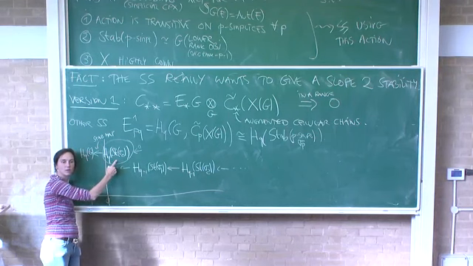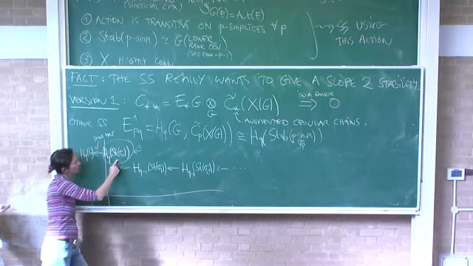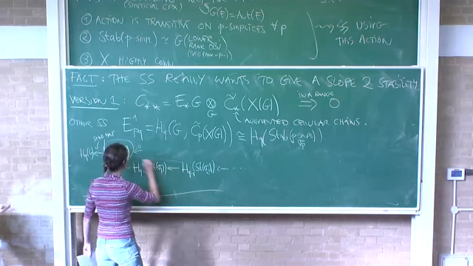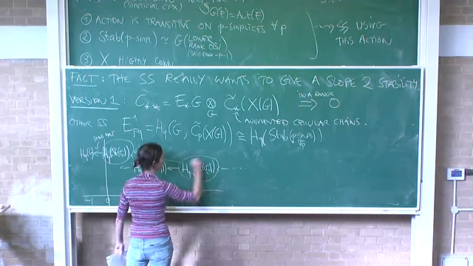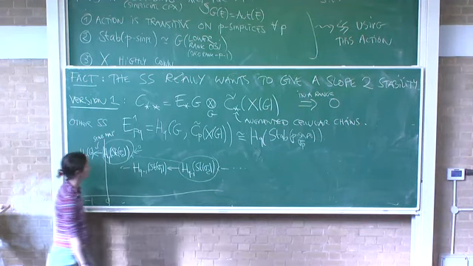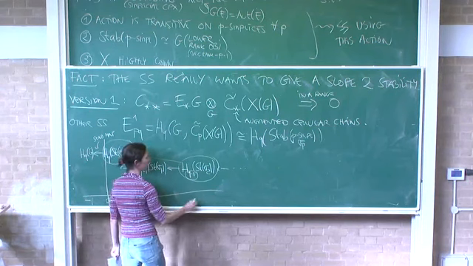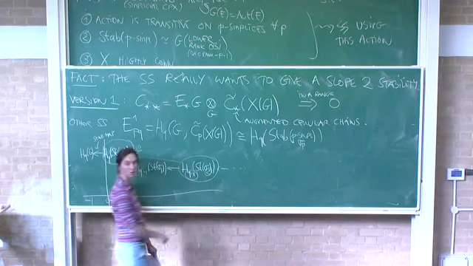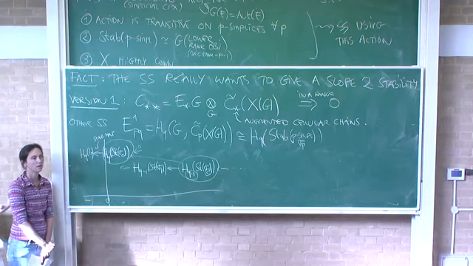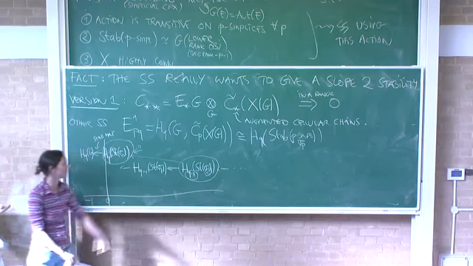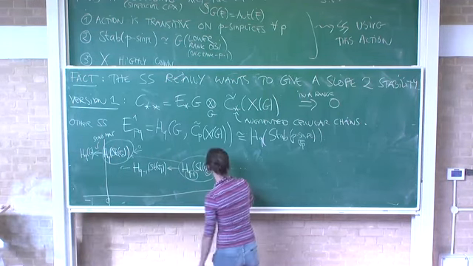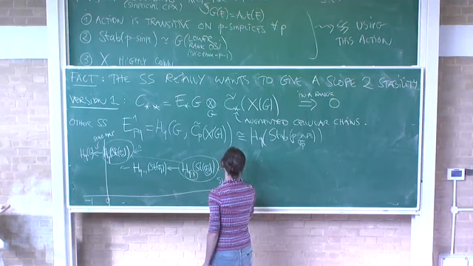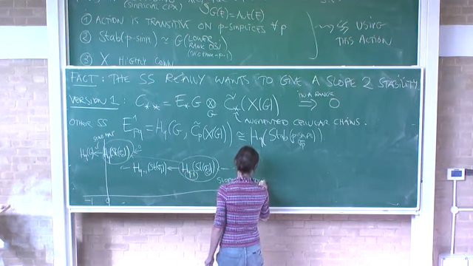You'll have to argue that nothing else can hit this one. So what could potentially hit it is this thing. And what you see is Q has gone down by 1 and the P has gone up by 2. So the inductive step, you need a slope 2. A slope 2 inductive step.